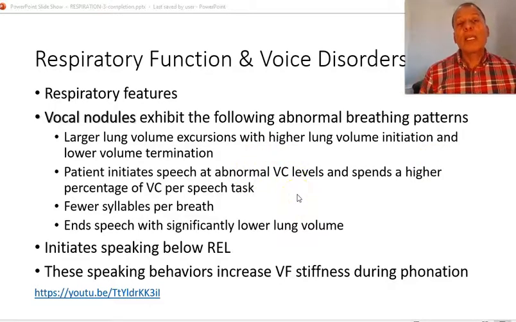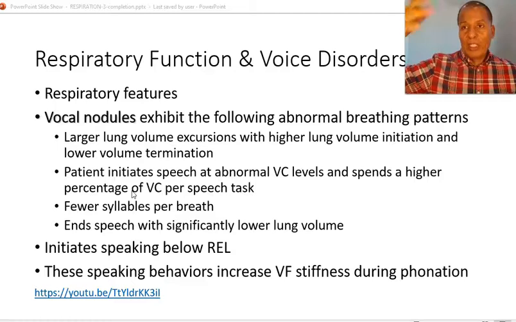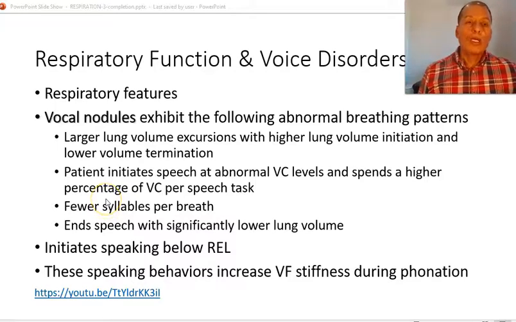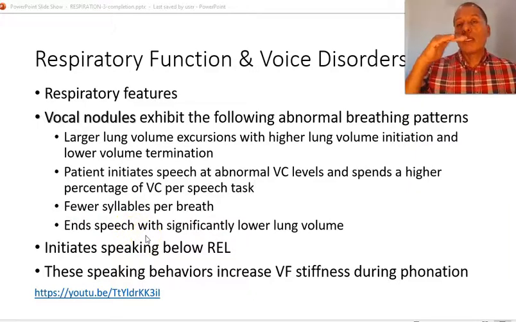So the patient inhales at abnormal vital capacity levels and expends a higher percentage of the vital capacity during speech because of the leakage, because of the wastage of air that results at the glottis, from the lack of closure. They will be producing fewer syllables per breath, and they will end speech at a significantly lower volume.